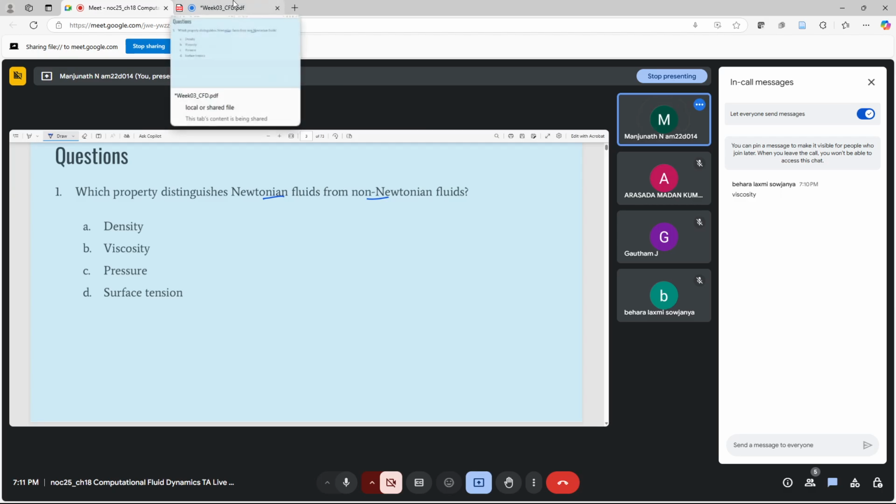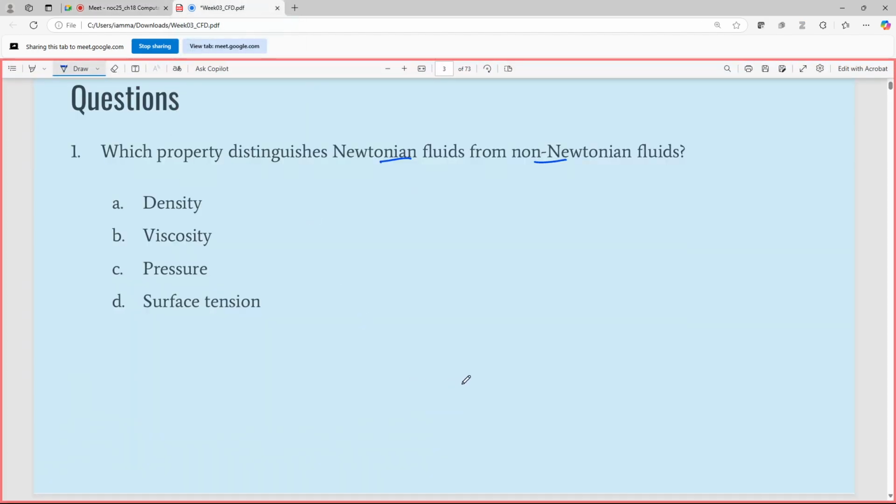Yes, thank you, you are right. The answer is option B, viscosity. We have to remember basic fluid mechanics. Viscosity is the proportionality constant that relates stress and strain, and from that you can understand the concept of Newton's law of viscosity.